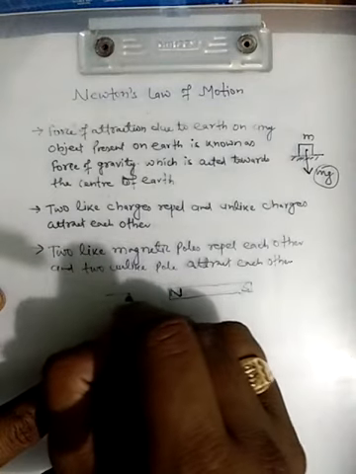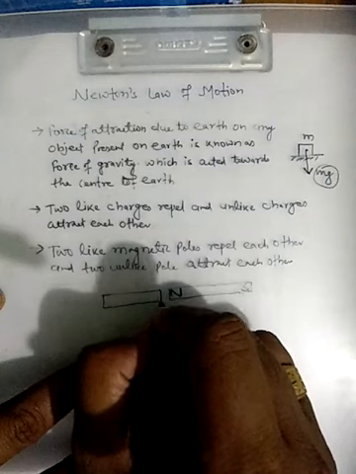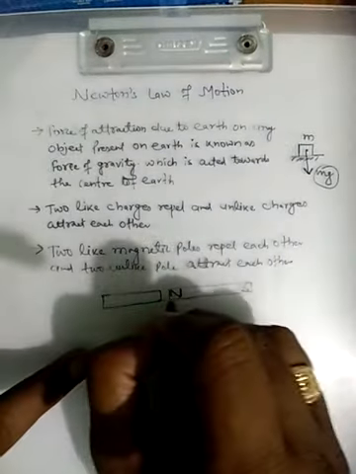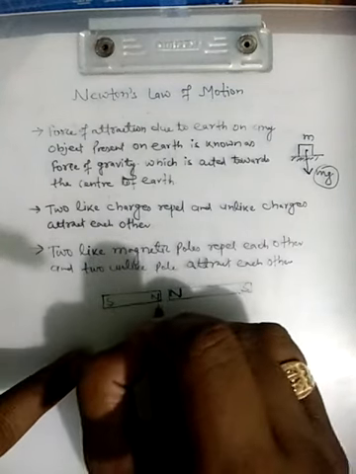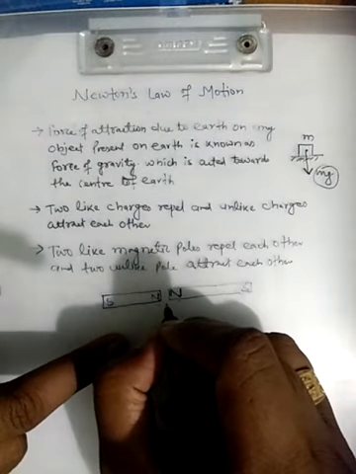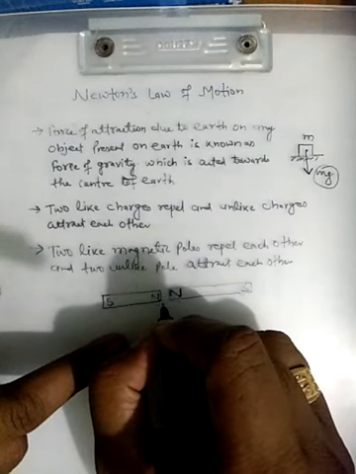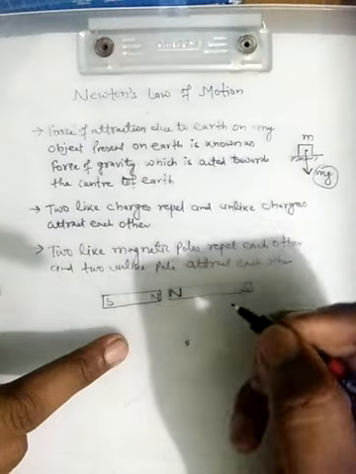If another bar magnet is placed near the previous one, and similar poles are in the vicinity, then these two bar magnets repel each other.